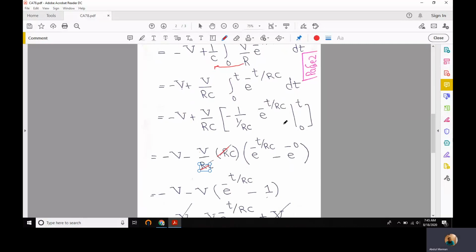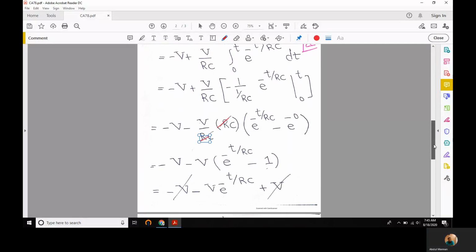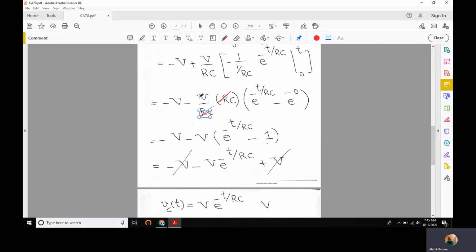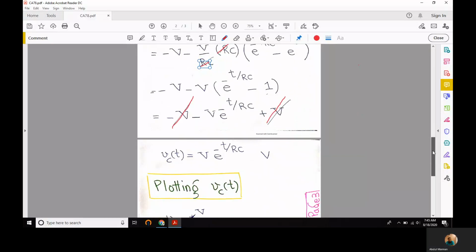And when we put the limits, e to the minus 0 becomes a 1. So multiplying this V inside gives us minus V e to the minus t over RC plus, minus into minus, plus V. So we have this minus V and this plus V, and they cancel each other. And we are left with this expression.